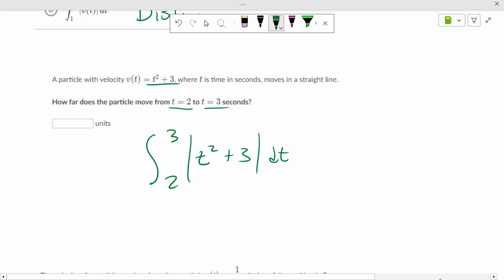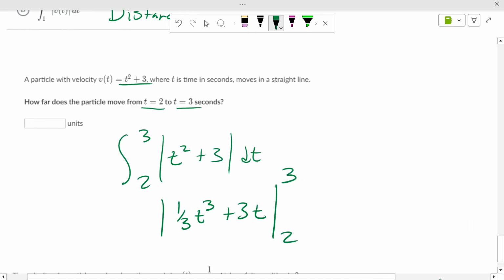So this is the absolute value of 1/3 t cubed plus 3t from 2 to 3. So if you stick in the 3, 1/3 of 27 plus 9, minus 1/3 of 8 plus 6.